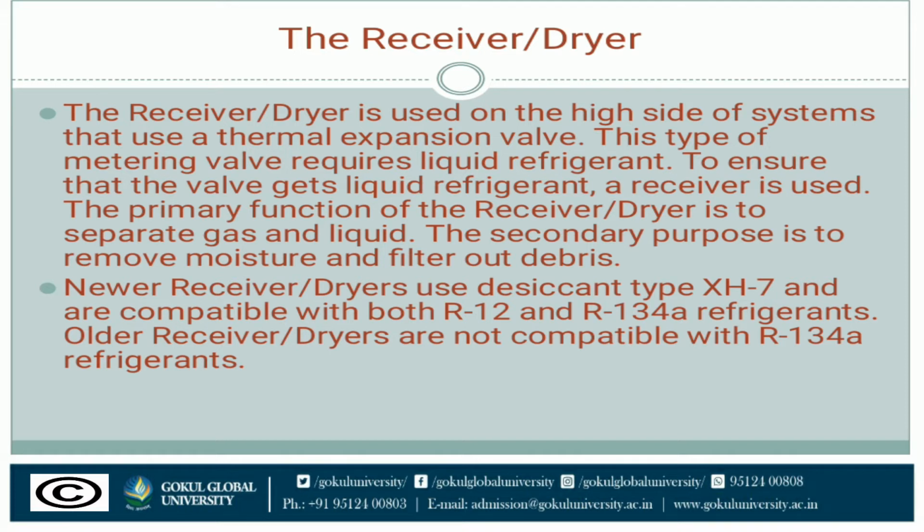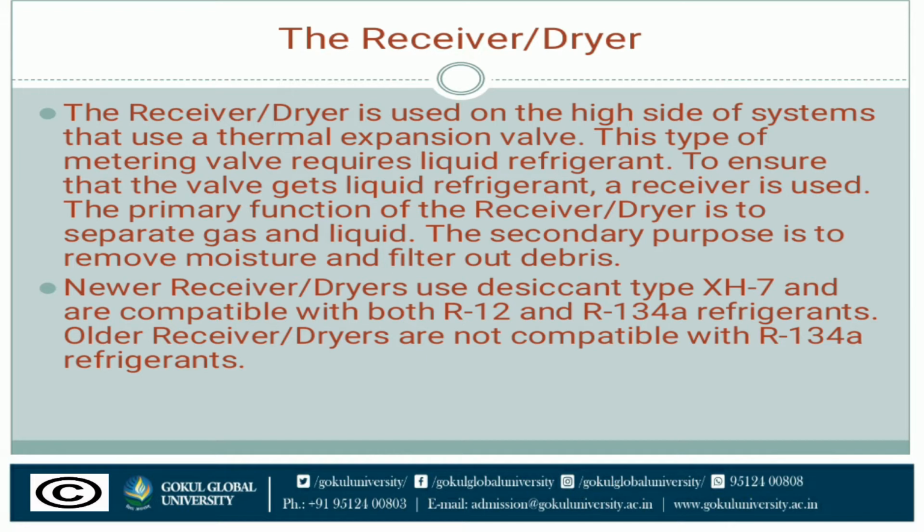This type of metering valve requires liquid refrigerant. To ensure that the valve gets liquid refrigerant, a receiver is used. The primary function of the receiver dryer is to separate gas and liquid. The secondary purpose is to remove moisture and filter out debris.